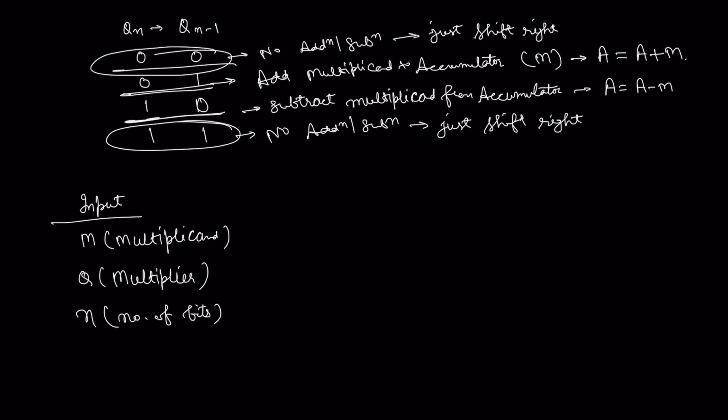And the output will be the product. This will be the result of M into Q that we have to find out.